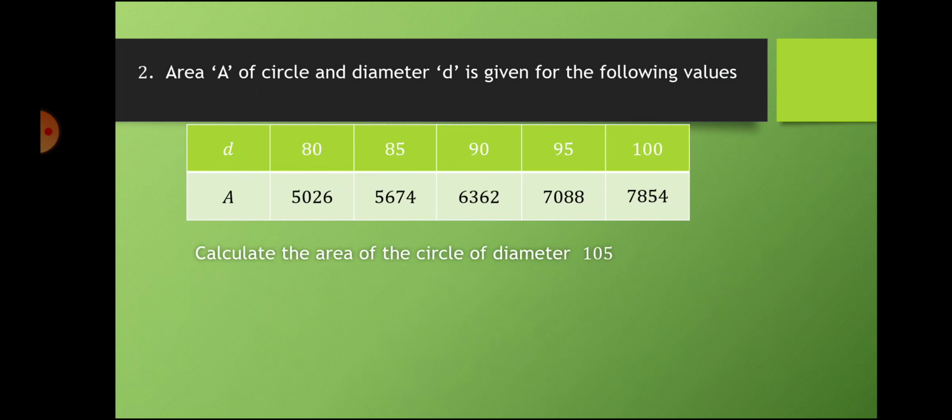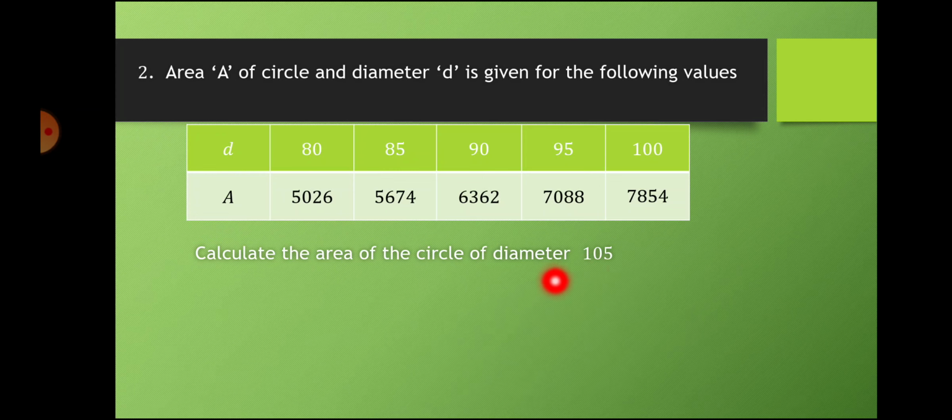Coming to the problem, given area A of circle and diameter d is given for the following values: d: 80, 85, 90, 95, 100; A: 5026, 5674, 6362, 7088, 7854. They asked us to calculate the area of the circle of diameter 105.